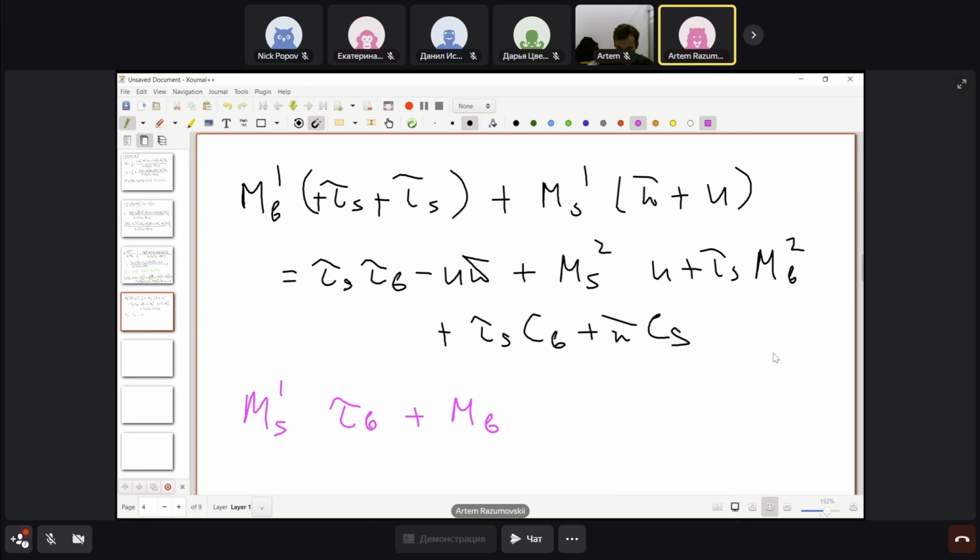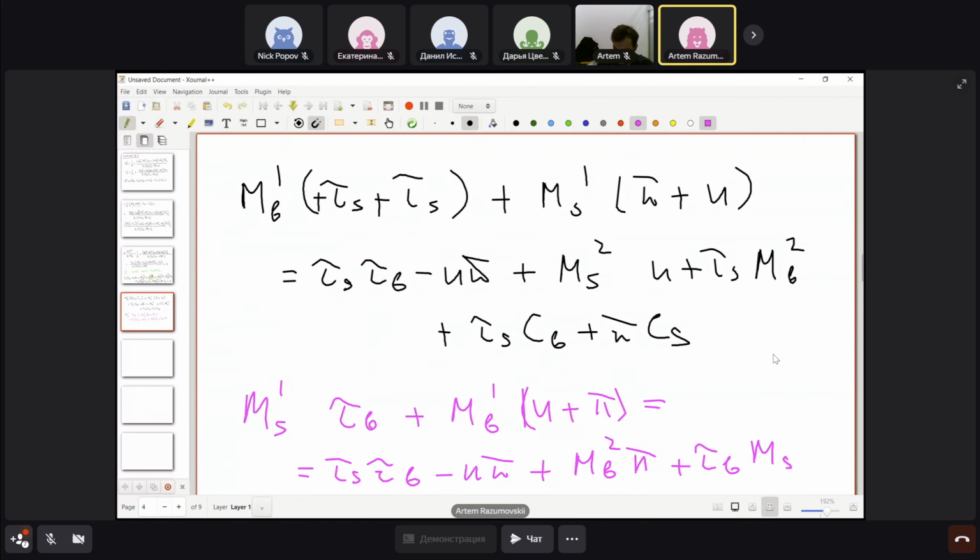So if you take buyers, it will be u plus p, which is the same, and then equals tau s tau buyers minus up, the same, plus m buyers 2p plus tau buyers m sellers 2.